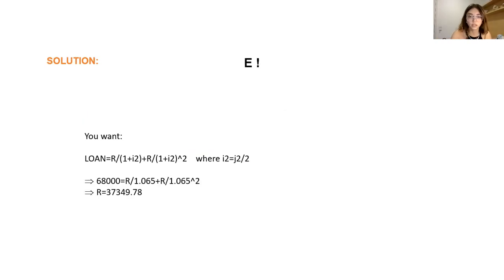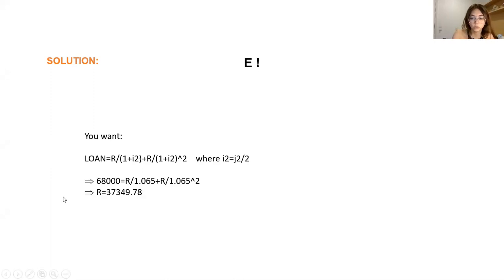So first of all, they only give you J2, so you have to compute the actual period rate, so actual i2. You take your J2 and divide by 2, because remember that i_k is equal to j_k divided by k. Then be careful that it's this i2 that you plug in your formula, and not J2.